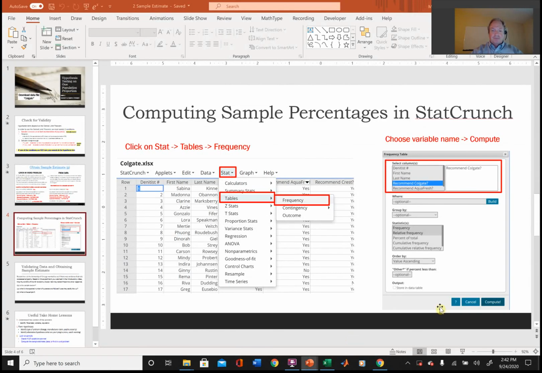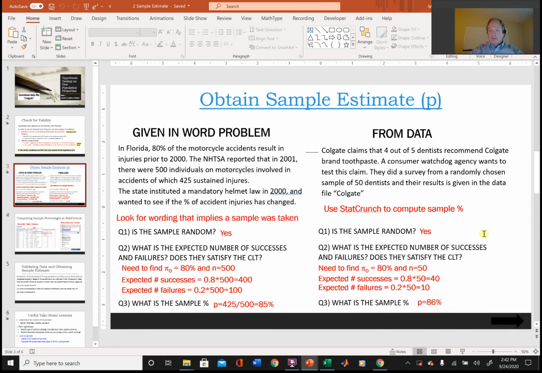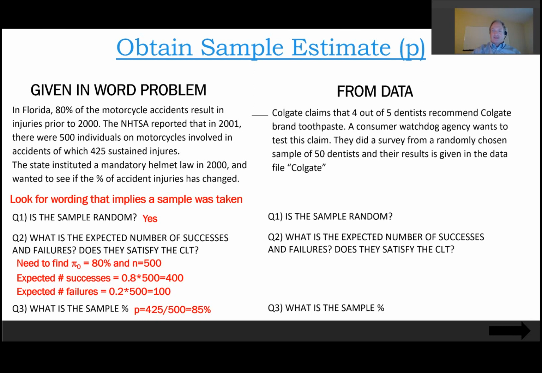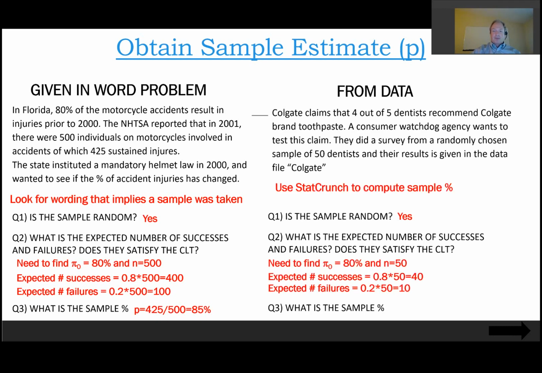Okay, so we have our percent, which is 86%. Okay, we can check and see, is it random? We don't know how they collected the data, but again, we're going to assume that at least they weren't that dishonest and they actually did take a random sample. Again, we know the population percentage, the sample size, they're both at least 10. The failure just makes the borderline. Okay. And so this is what we need to do when we're looking at a data set and we're examining the data. Okay.